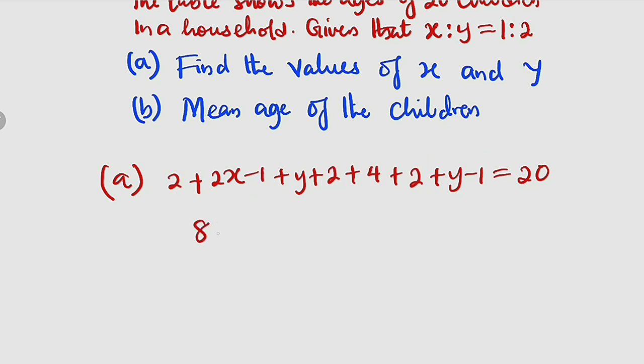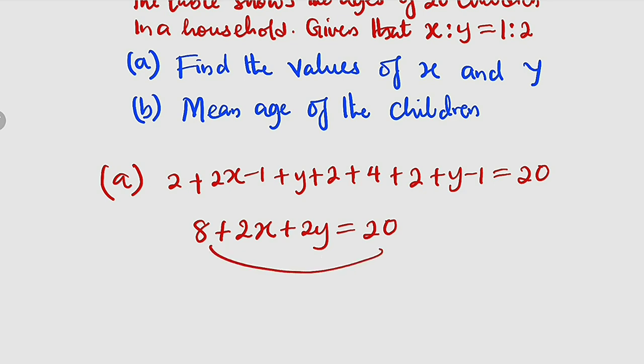So this is 8 plus. Then the variables, we have 2x. Any other x? No. So we only have 2x here. Then with y, we have y plus y, making 2y. So we have 2y right here, and the whole of this equal to 20.